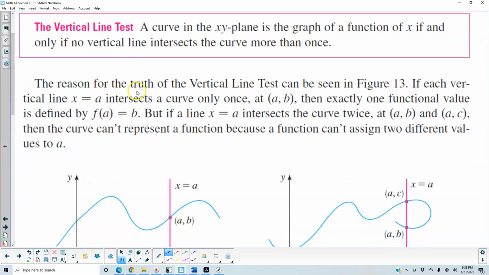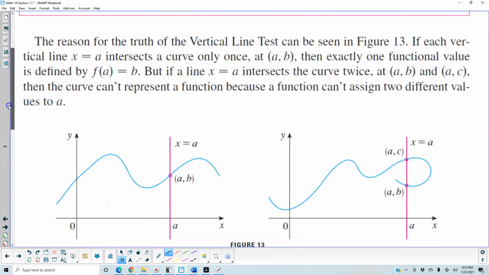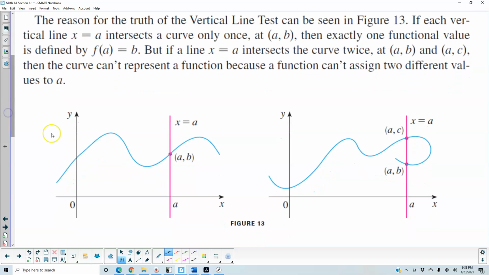Now, the reason for the truth of the vertical line test can be seen in figure 13. If each vertical line x equals a intersects a curve only once, at the value (a, b), then exactly one functional value is defined by f of a, which is equal to b.